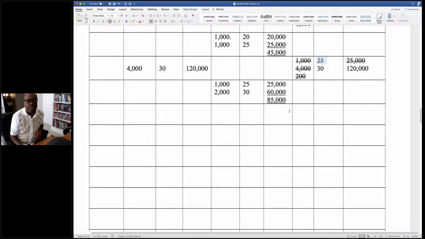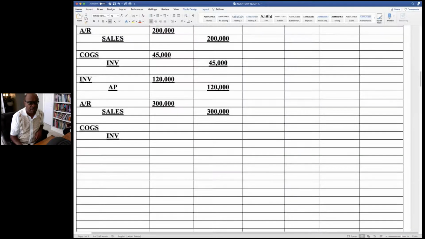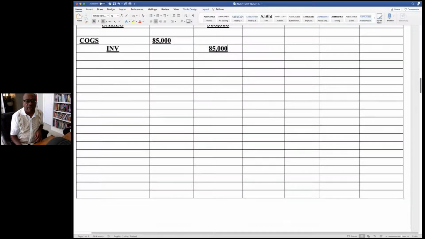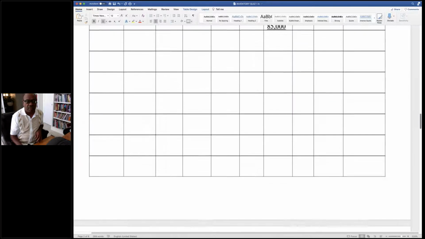So we got this 85,000. So we come to the journal entry, drop it right in. And I'm going to take that 85,000 to the T account.